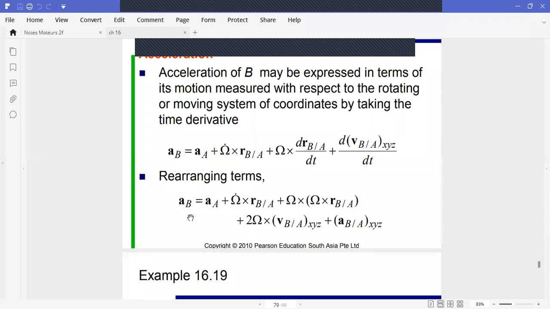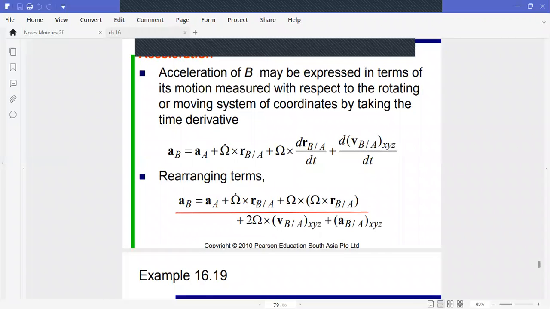The final result is that the absolute acceleration of B is equal to the absolute acceleration of A plus, omega dot is alpha, so it's very similar to the relation we have seen before, plus alpha vectorial AB. You are familiar with these terms.